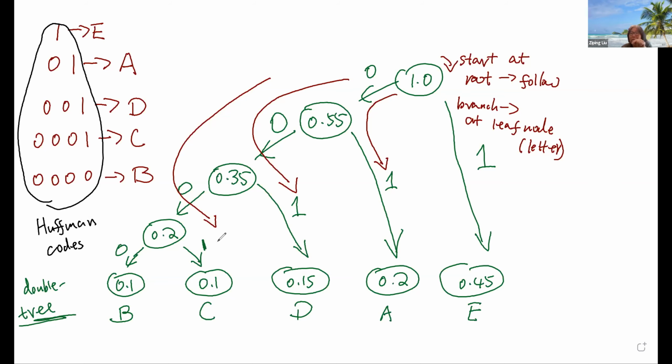Is that Unicode? It's permanent, it's not changed. But for Huffman code, it depends on the article or the novel or the book or the paragraph. Each time it's going to be different, okay? But anyway, in this case, letter E is 1, letter A is 0, 1, letter D can be represented with 0, 0, 1, letter C can be represented 0, 0, 0, 1, okay, letter B is represented with all 0, is it?